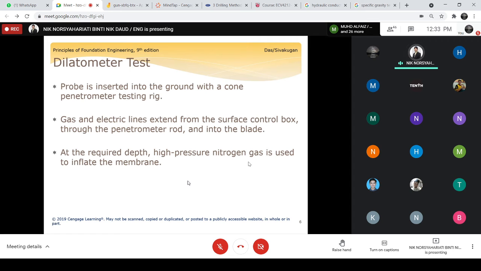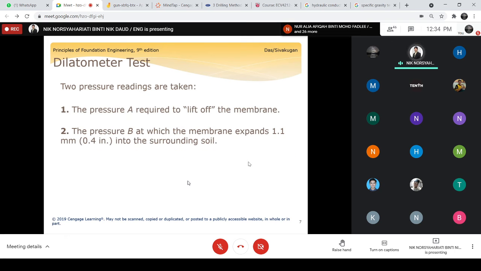You can highlight in your MindTap because some questions might appear: please explain the procedure of the PMT or dilatometer test to get the data for subsurface investigation purposes.